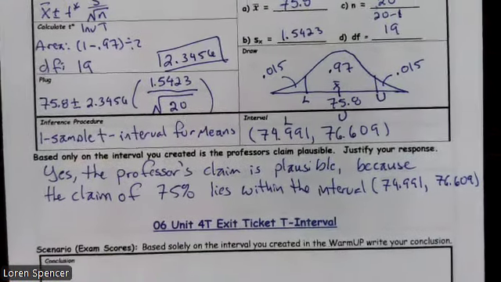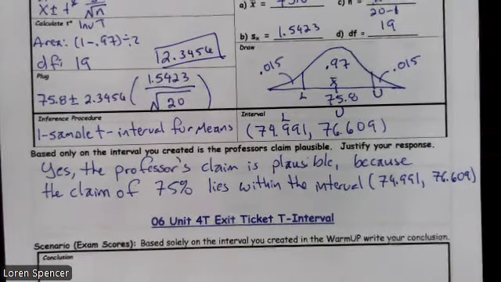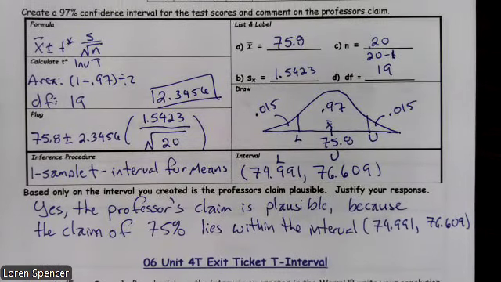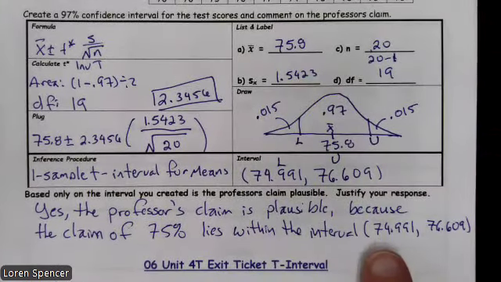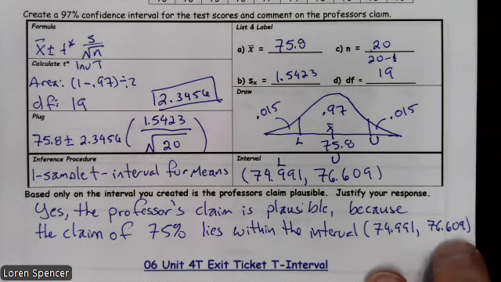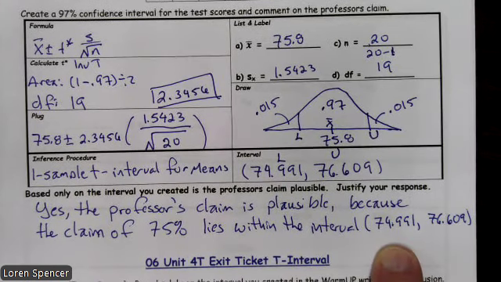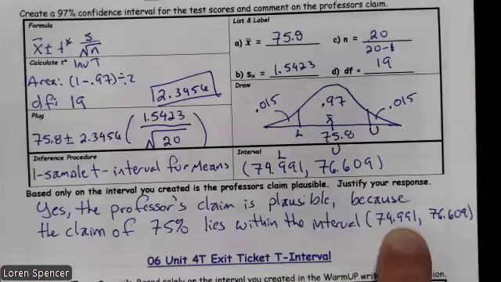All right, so the professor's claim is plausible. We calculated a 75.8, which is above the 75, and sure enough, 75 lies within that interval. So it looks like the professor's claim is plausible.